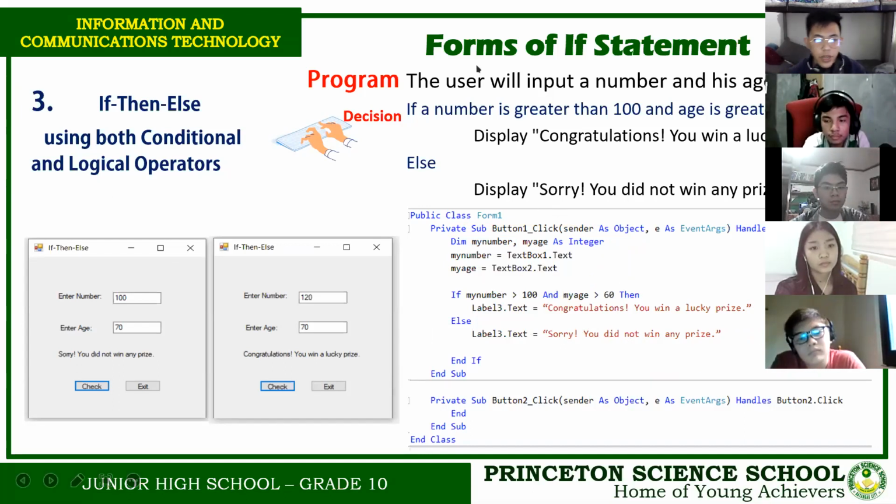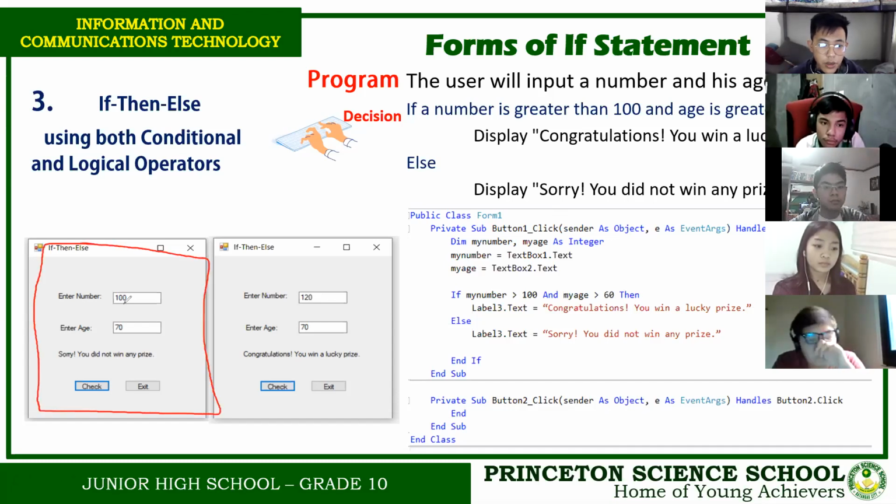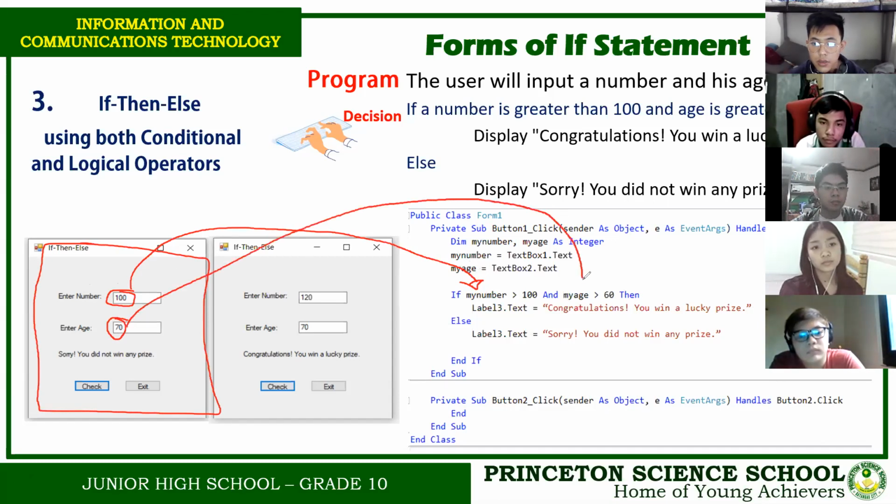Okay, so looking at the example here, the first example in this window: enter number. The user entered 170. Okay, and then looking at our conditions, the first condition, 100.